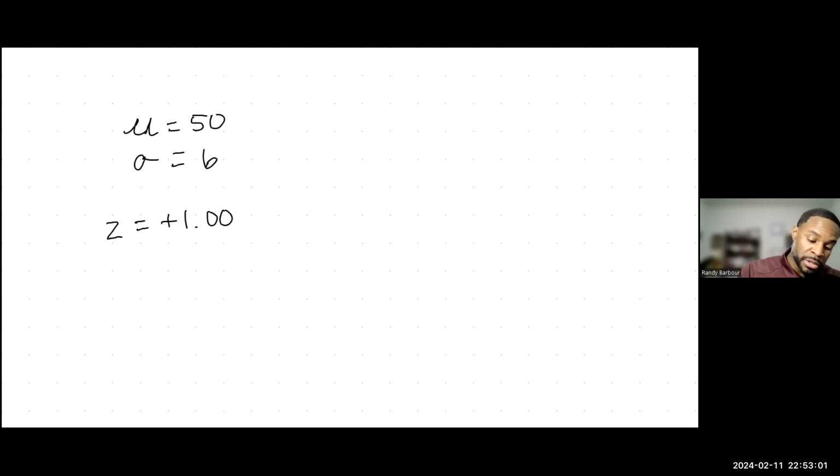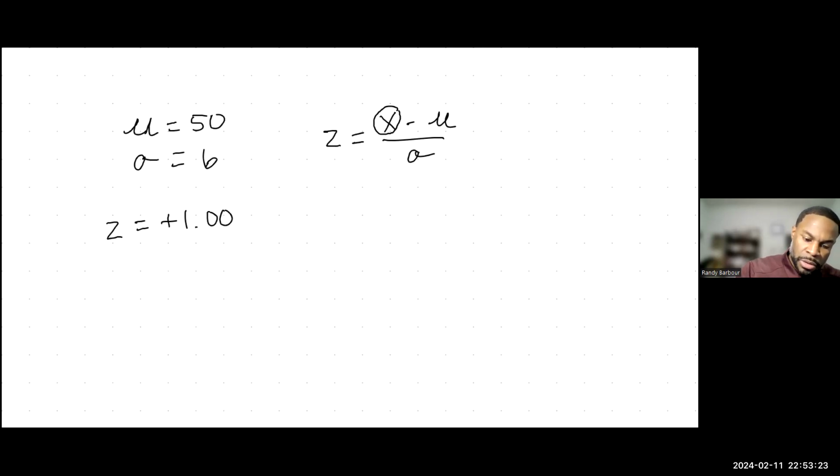So again, we know my formula for our z-score is x minus my mean over my standard deviation. And I'm going to be solving for my x value. So knowing that, let me do it this way.